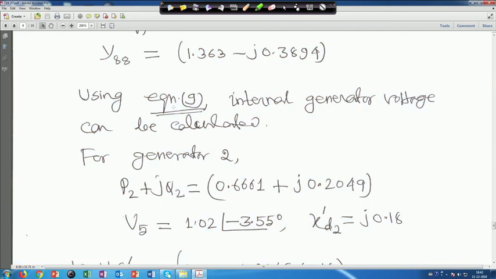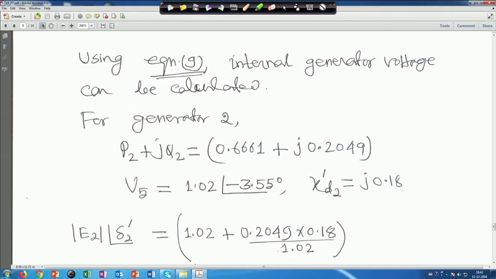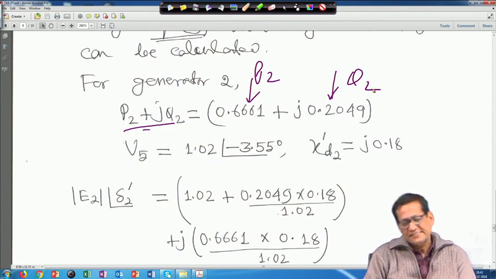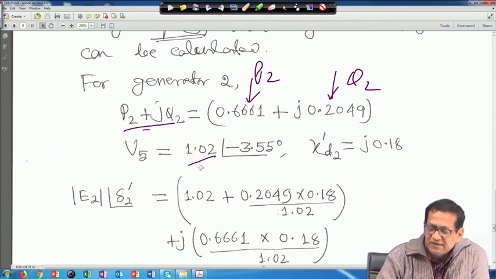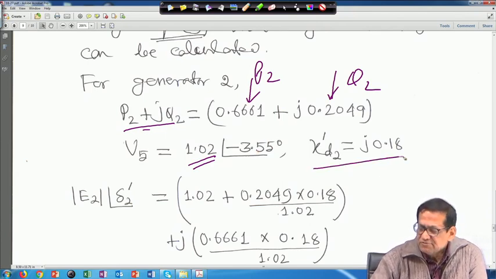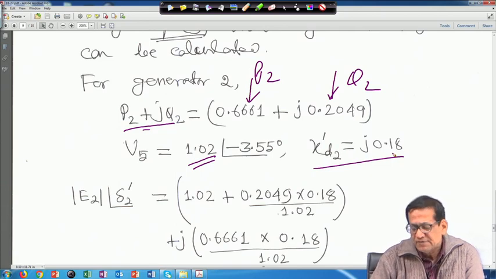For generator 2, P2 plus jQ2 is 0.6661 plus j 0.204, obtained after the load flow studies, and V5 is given as 1.02 angle minus 3.55 degrees. This is V5 and delta 5. Xd2 dash is also given as j 0.18.